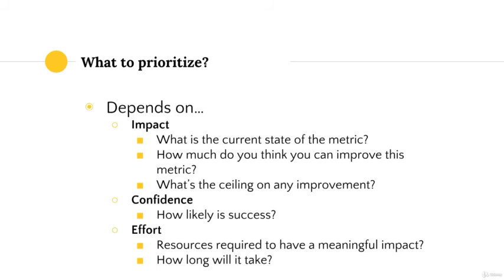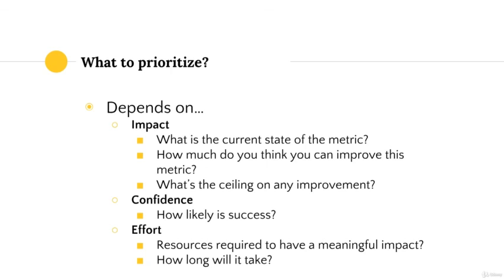For confidence, think about how likely it is that you'll be successful in improving a metric by doing X, Y, or Z. Sometimes you're trying something new and novel and you're not sure if it's going to work. You should factor this into your decision. Finally, for effort, think about the resources required to have a meaningful impact on this metric and how long it will take.